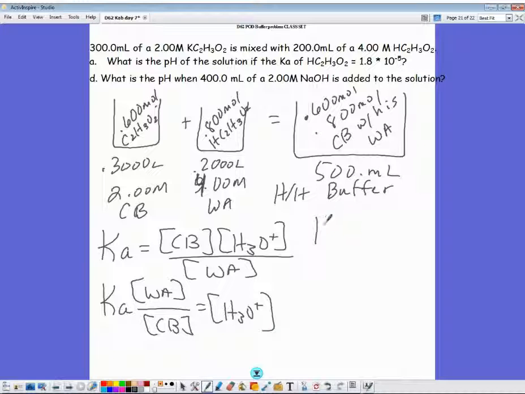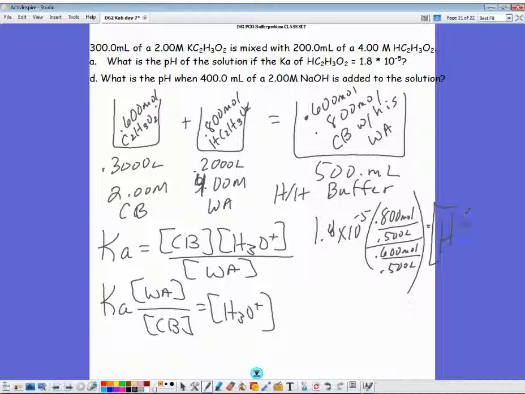Ka, which is 1.8 times 10 to the minus 5, times the acid over the base, is 0.8 moles over 0.5 liters over the base, 0.6 moles over 0.5 liters. And that multiplied together equals my H plus.